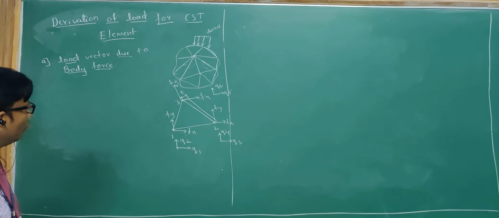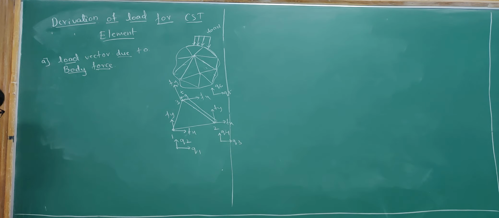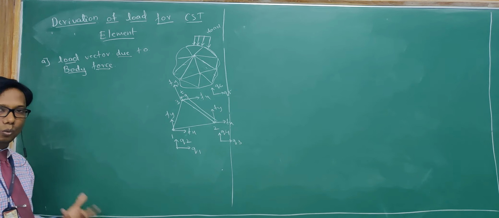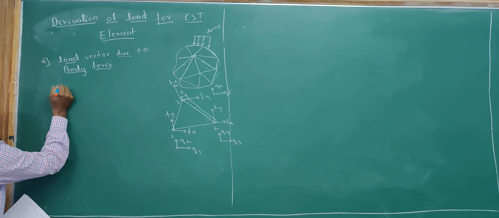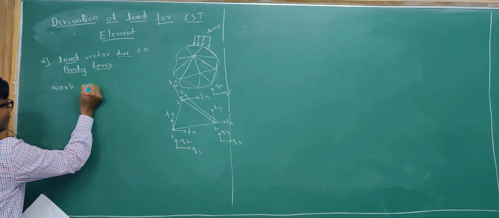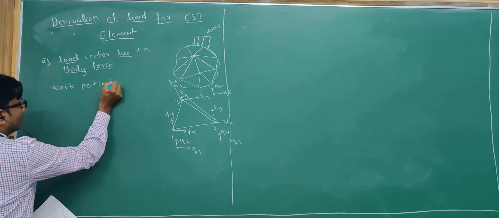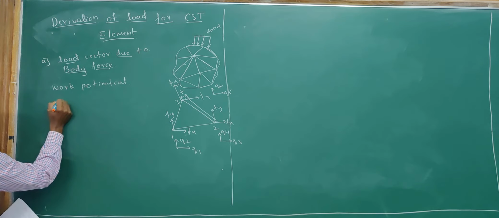Okay, so once again we will be doing the load vector derivation with the basic formula, which is called the work potential. We will be taking the work potential due to body force.